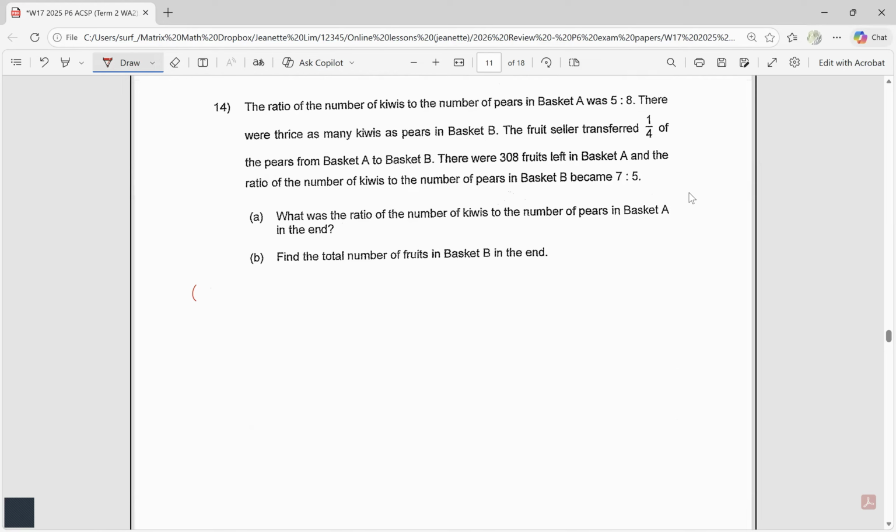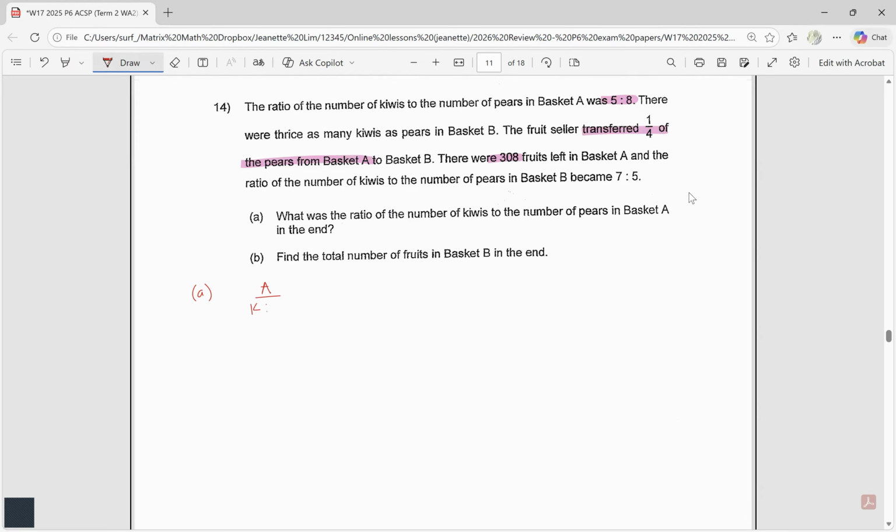Okay, let's see. What we have here in basket A, 5 to 8. Then you also have 308 left. And of course, we transferred 1/4 of the pears from A. So whatever I've highlighted in pink will be talking about basket A. So at first, basket A, kiwis to pears.